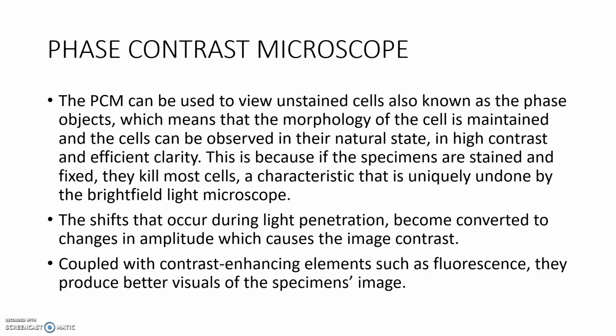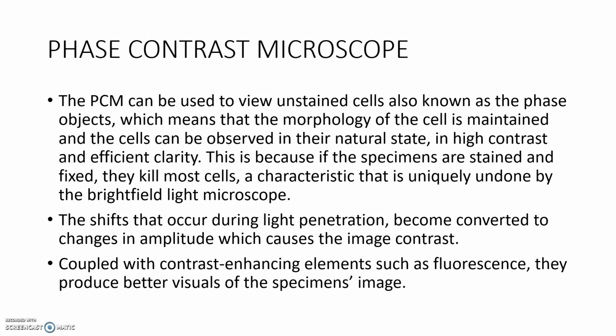Using this method, we can view the cells in their exact morphology and natural state, in high contrast and clarity. This is because if specimens are stained and fixed, most cells are killed, a limitation that is uniquely undone by the phase contrast microscope, unlike the bright field microscope.